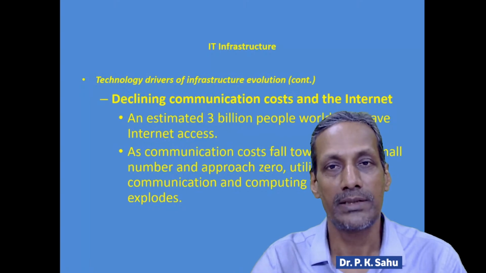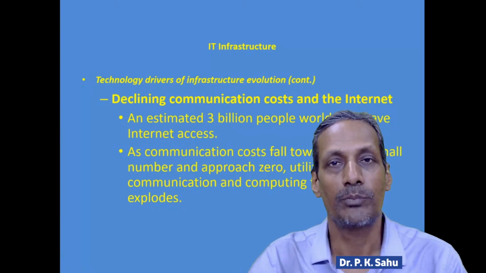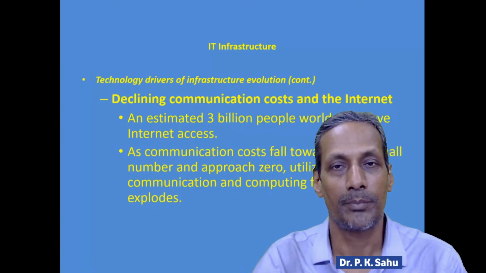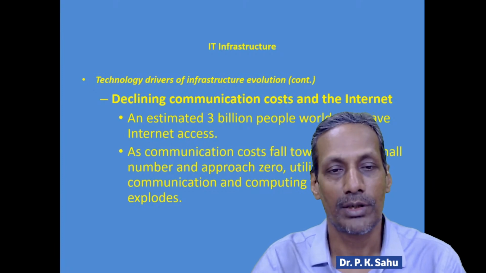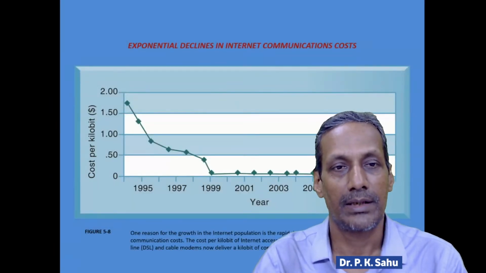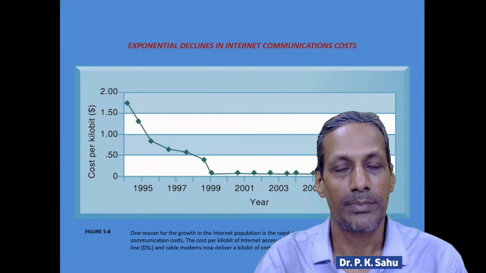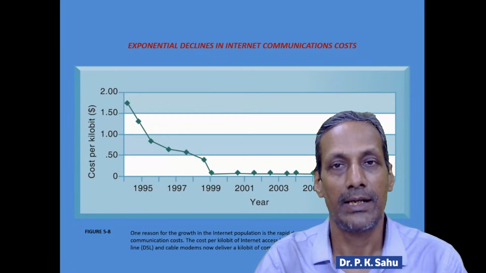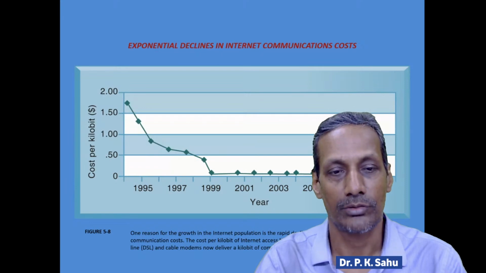These IT components don't just provide computing processing facilities. They also provide the most powerful means for communication. This diagram shows that there has been an exponential decline in internet communication costs also.